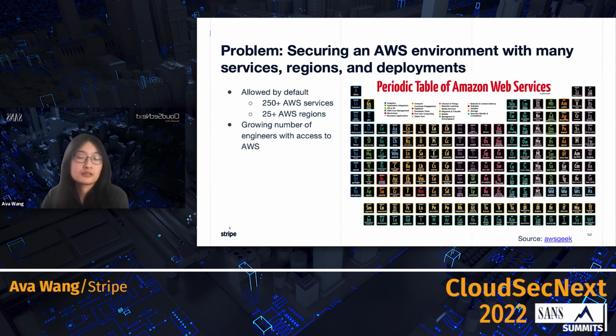And finally, as a company grows, it has more and more engineers supporting various parts of the infrastructure, and access to the cloud environment also grows, making it more likely that a cloud resource is configured insecurely. Therefore, it's imperative that we have an automated solution for securing our cloud environment, especially as the number of deployments and the size and complexity of the infrastructure grows.